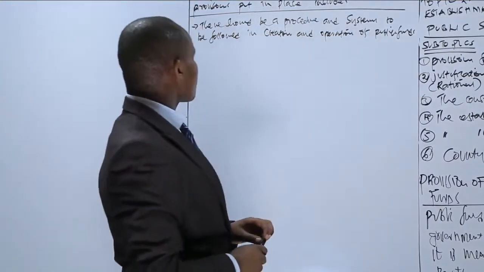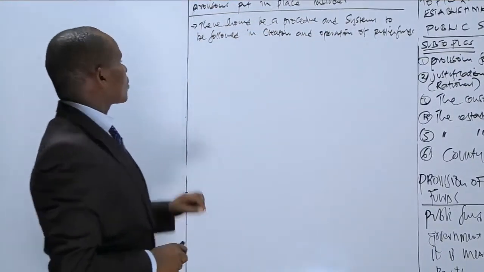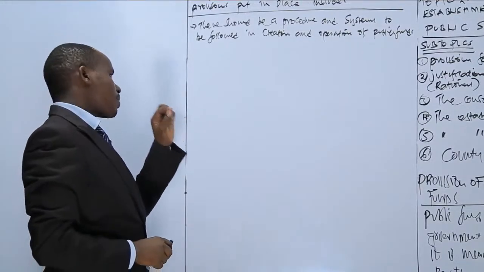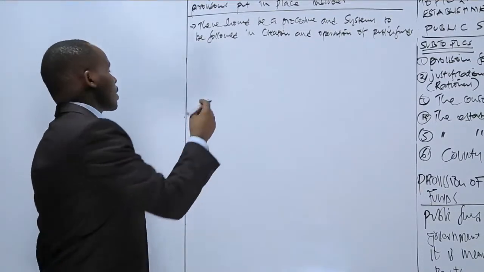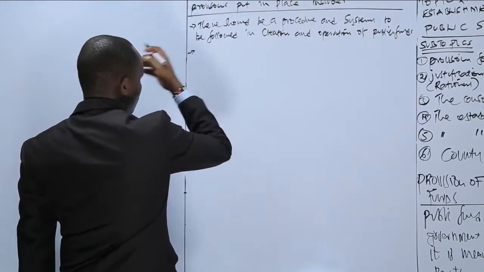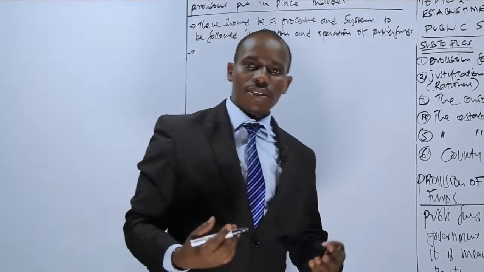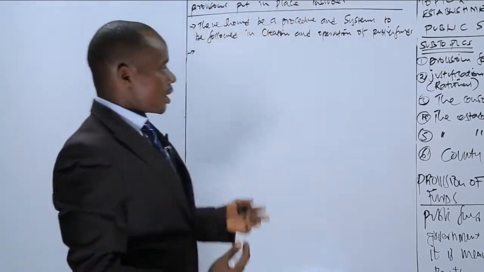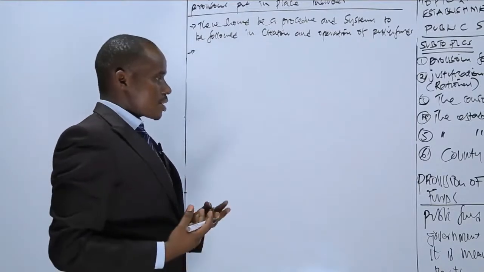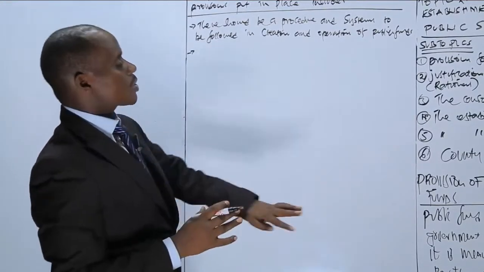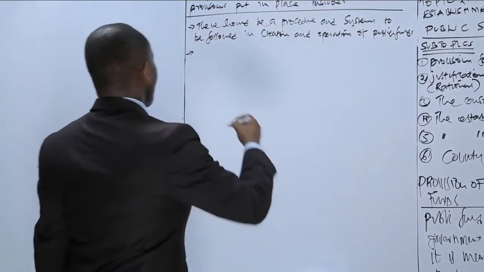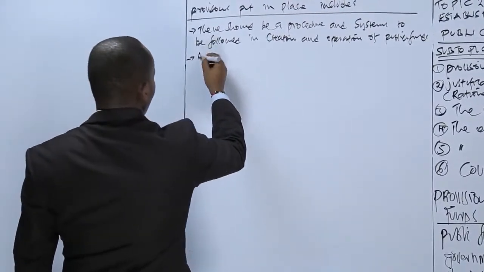The other thing that is supposed to be followed, the other provision, that is provision number 2, is that an accounting system should be put in place for this particular fund.